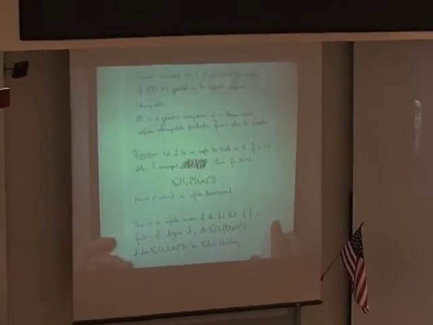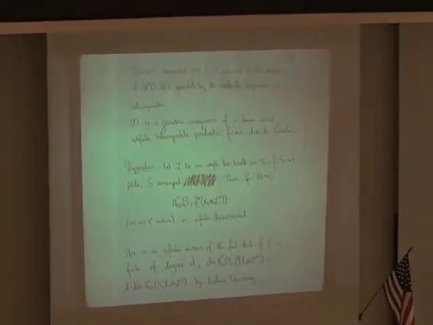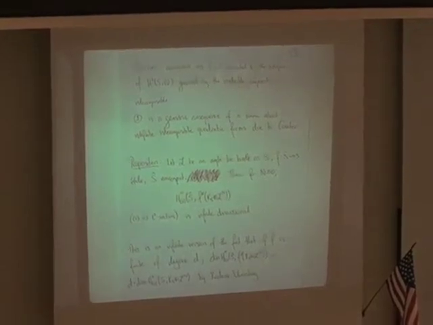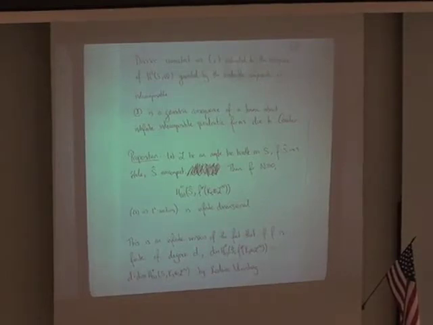Okay, so this is ingredient 1 of the proof, that these infinite covers can't have positive divisors: you get these infinite dimensional spaces of sections.